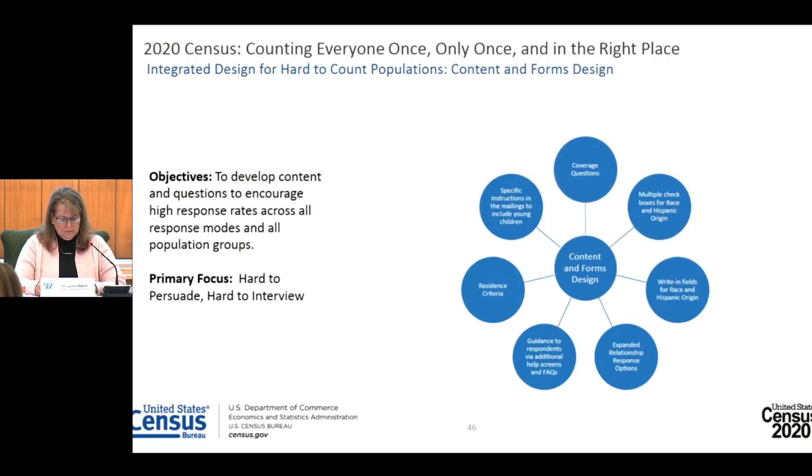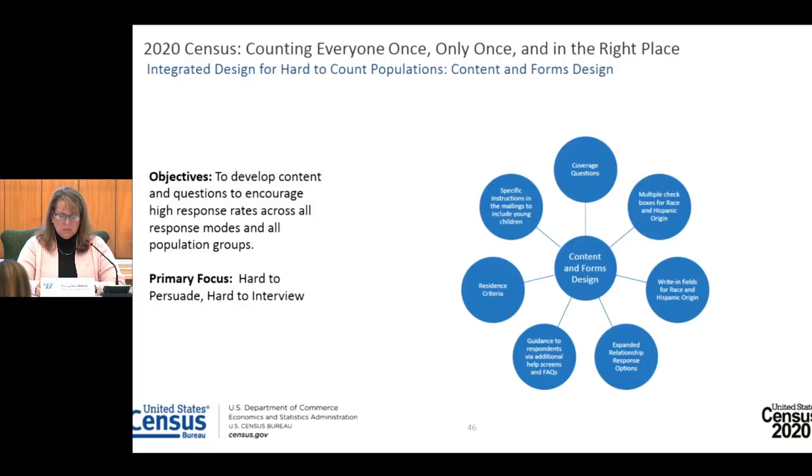Content informs design. You may think, how does content inform design support an accurate enumeration of our hard-to-count populations? It's through the research and the efforts of this area that we reach our decennial content. The 2020 census will enable different race and ethnic groups to self-identify their race and ethnicity.